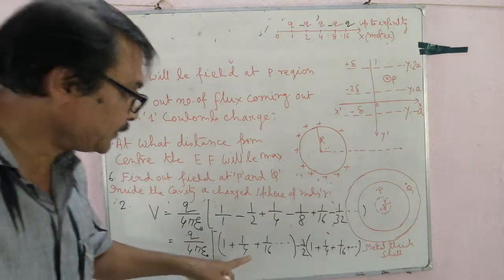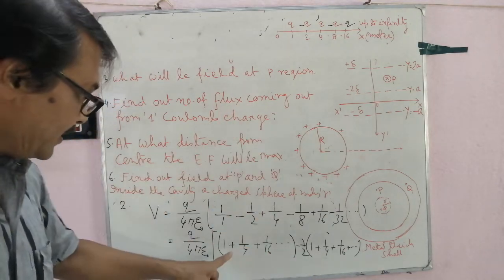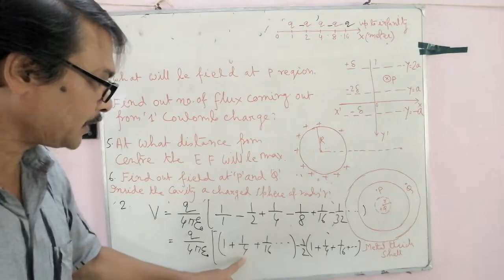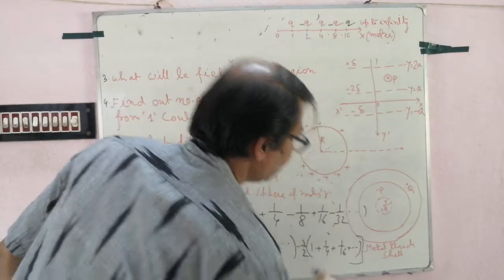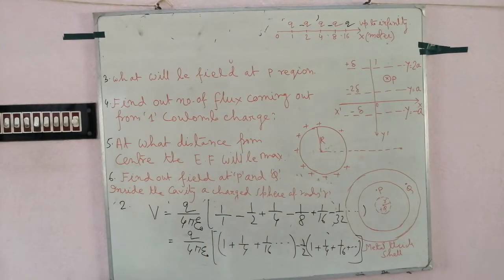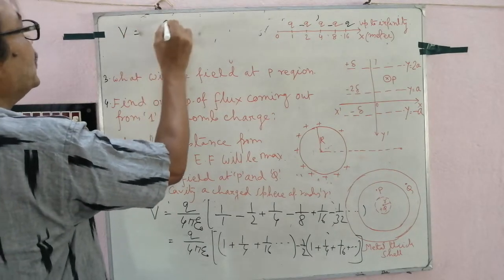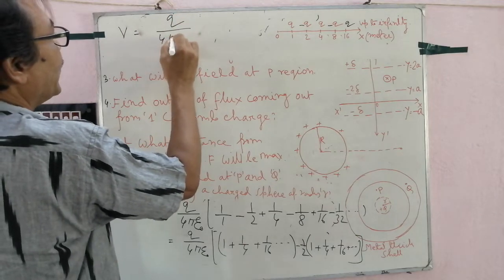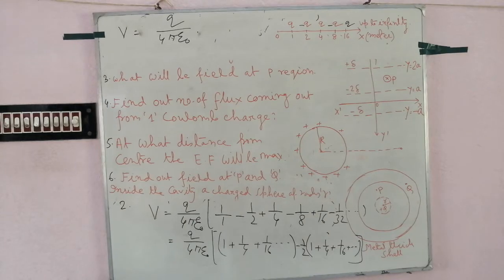Follow, these are the two series here and here. In a similar way, the result will be 1 by 1 minus 1 by 4 here also, and the final result V equal to q by 4 pi epsilon naught. Clear? This will be the final result.